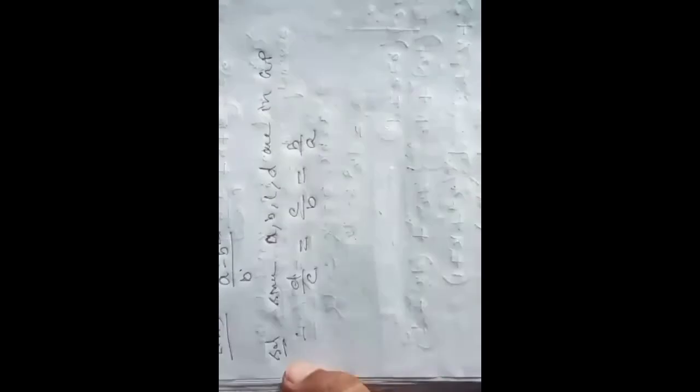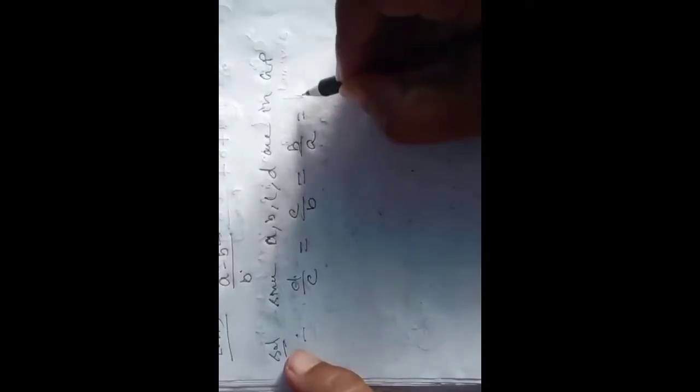Since A, B, C, D are in GP, therefore obviously D by C is equal to C by B is equal to B by A is equal to R, where R is the common ratio.